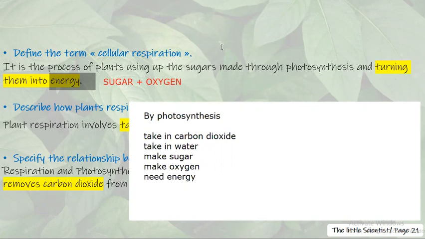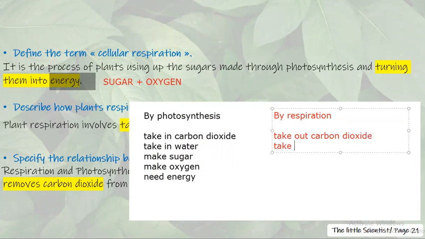In the opposite side, let's see. By respiration, what do plants do? They take out or make carbon dioxide. They do not take it in. They take out, produce, make. Maybe I should use the word make carbon dioxide.